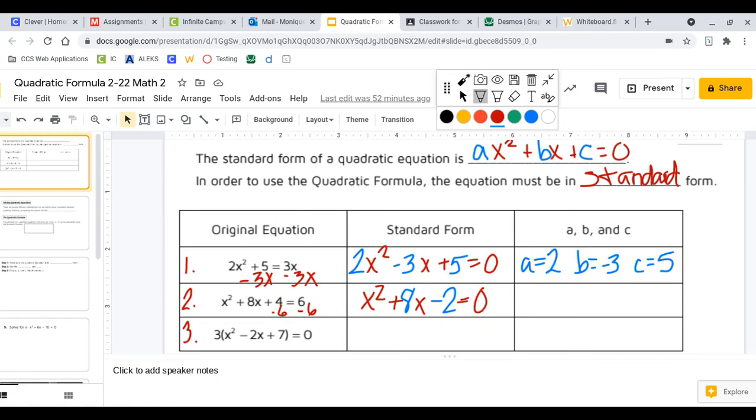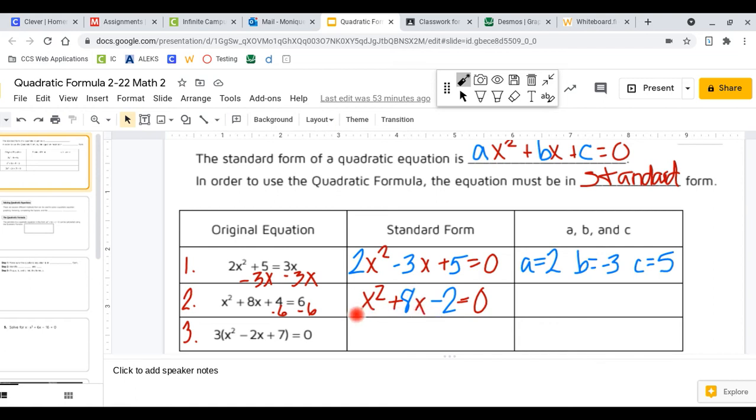Here's where I'm looking for A. I'm looking for the coefficient of x squared, the number in front of x squared. Here I don't see anything, and this is where it gets tricky, because a lot of people like to say it's 0. It is not 0, because if 0 were the coefficient, then 0 times x squared would be 0, and this term would not even exist. It would just start at 8x.